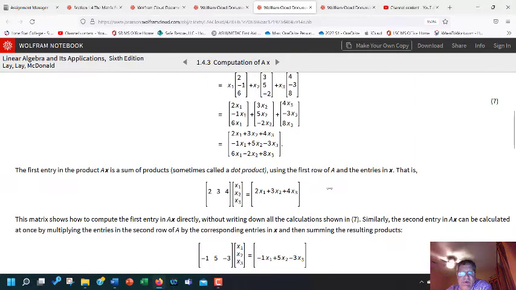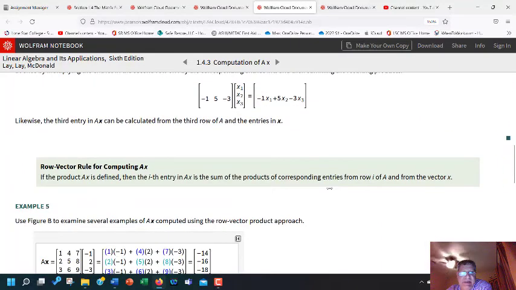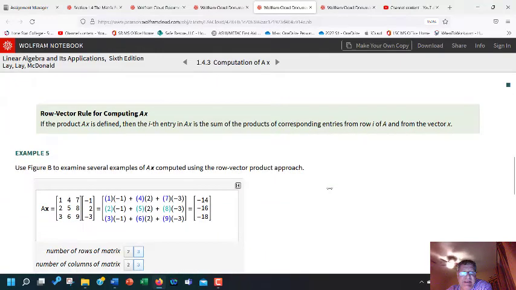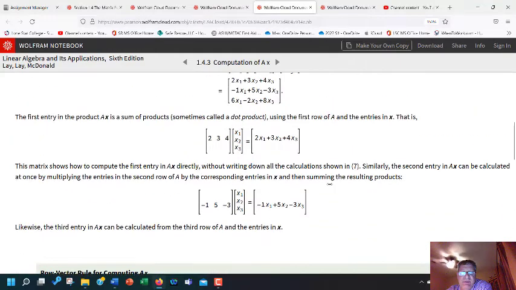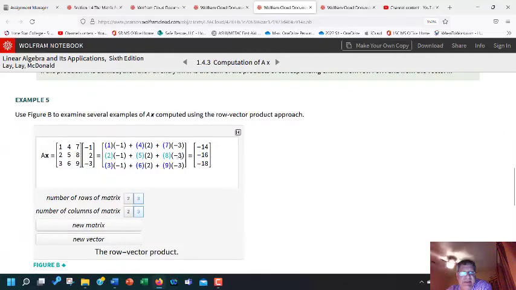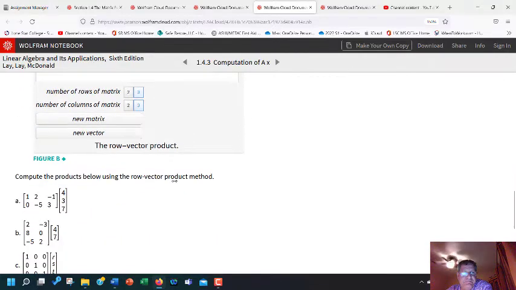Okay, so we can multiply the matrices out. So that's a great way of computing AX. It's another way of computing it out. So again, in this example here, if we wanted AX and we had this example, we would say minus 1 times the first row, second row, third row, and you could work that out that way. So it's just another way of multiplying the same thing out.